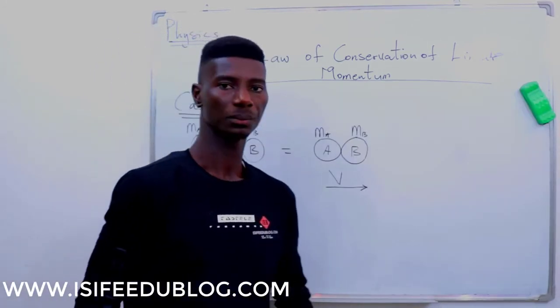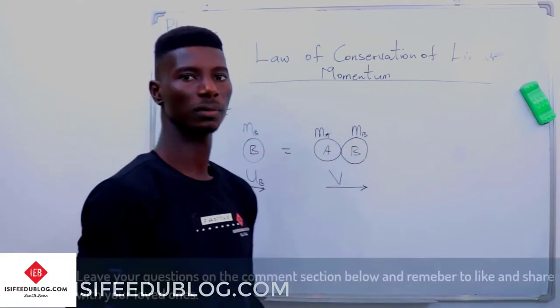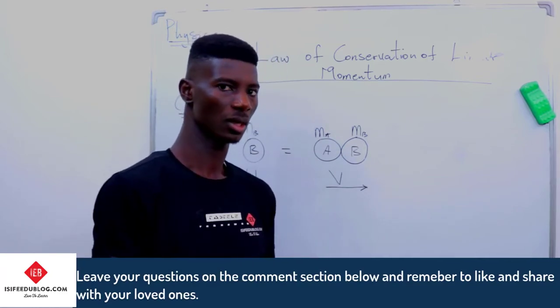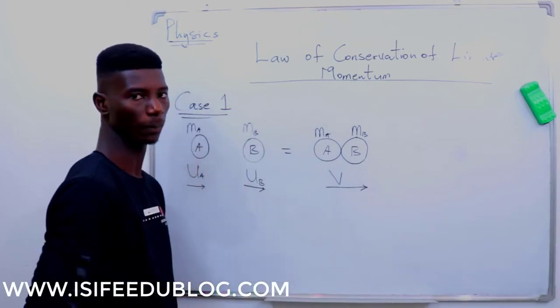Okay, now, like I said, in real life the law of conservation of linear momentum can apply in different cases. So we have the first case on the board here. I called it case 1.